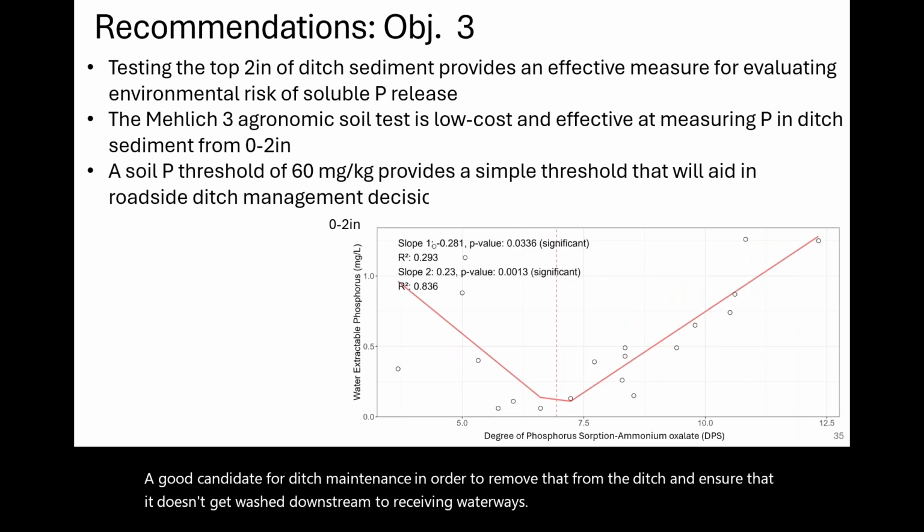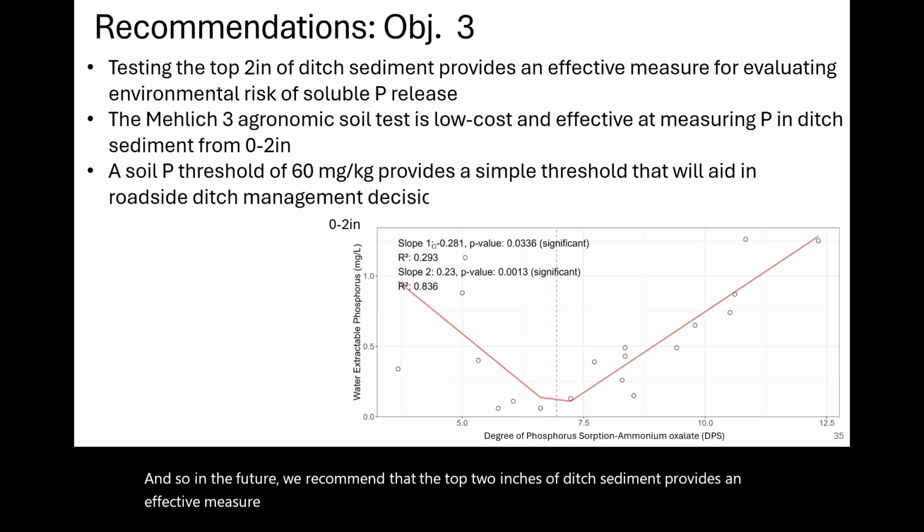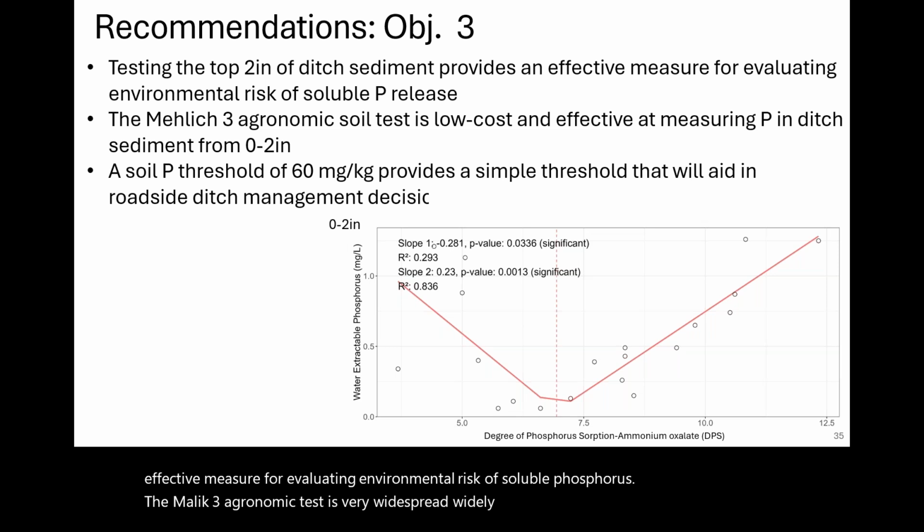And so in the future, we recommend that the top 2 inches of ditch sediment provides an effective measure for evaluating environmental risk of soluble phosphorus. The Mehlich 3 agronomic test is very widespread, widely available. It is low cost.